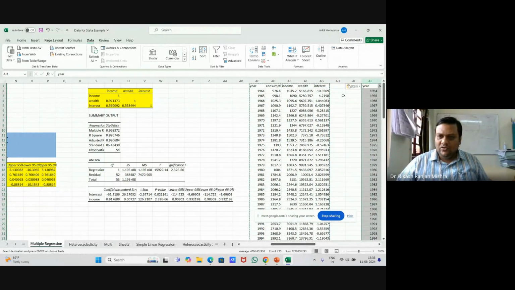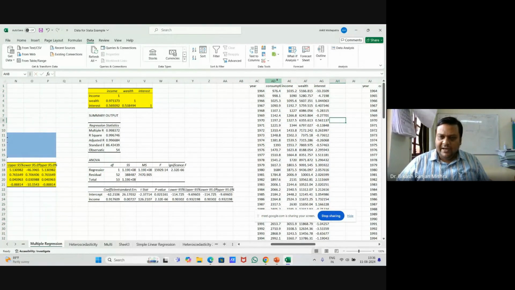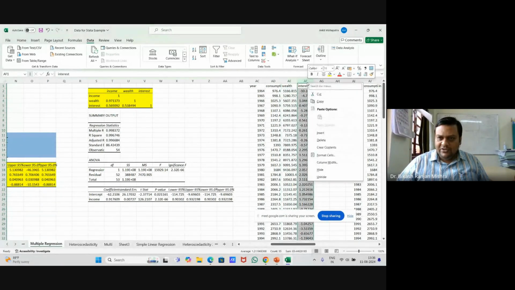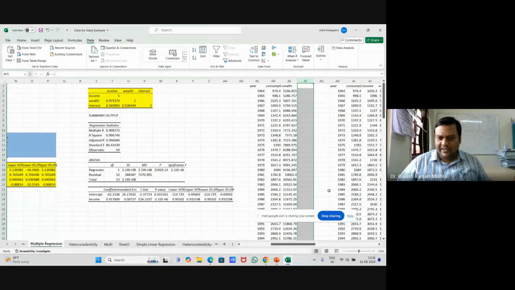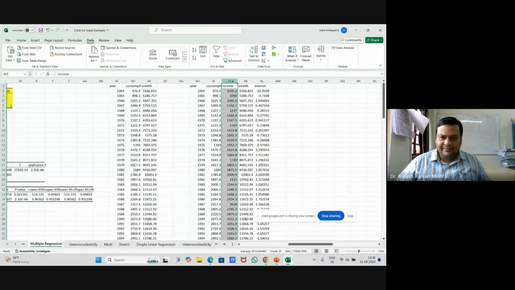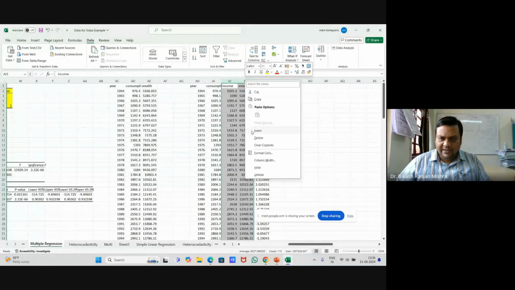Consumption is my dependent variable, income is gone, so income is deleted right now, and interest is also not required. Suppose the interest is also deleted. Next part of the story, income is done and wealth is done. So let me reduce income and wealth, delete it.